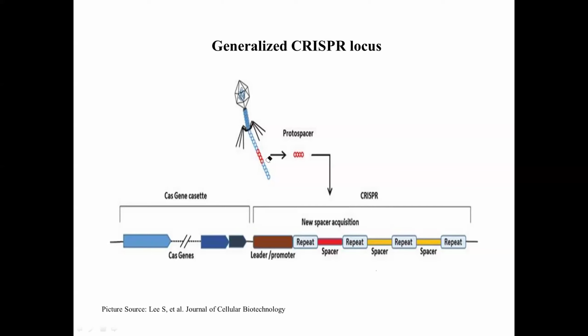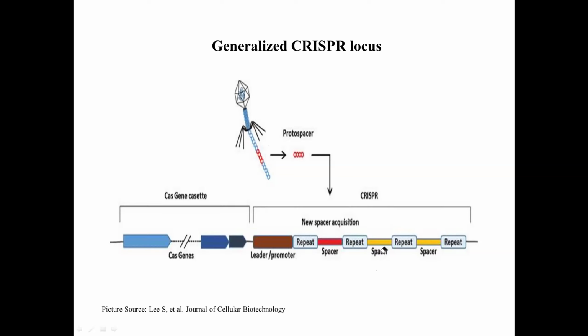When it comes inside, through some yet to be understood mechanism, it was shown that a small fragment, like 20 to 50 base pairs, is cut and then integrated into the CRISPR array as a new spacer. So every time a type of phage comes, a small portion of that phage genome is taken and integrated, and this is how it constitutes the immune memory for the bacteria.